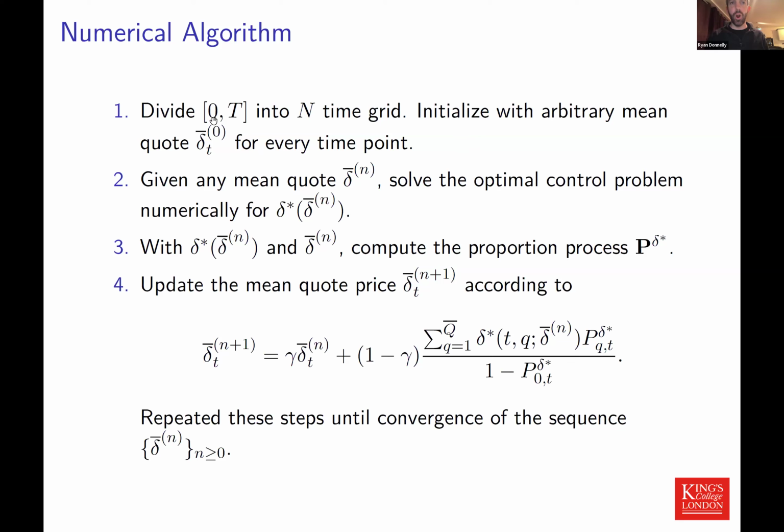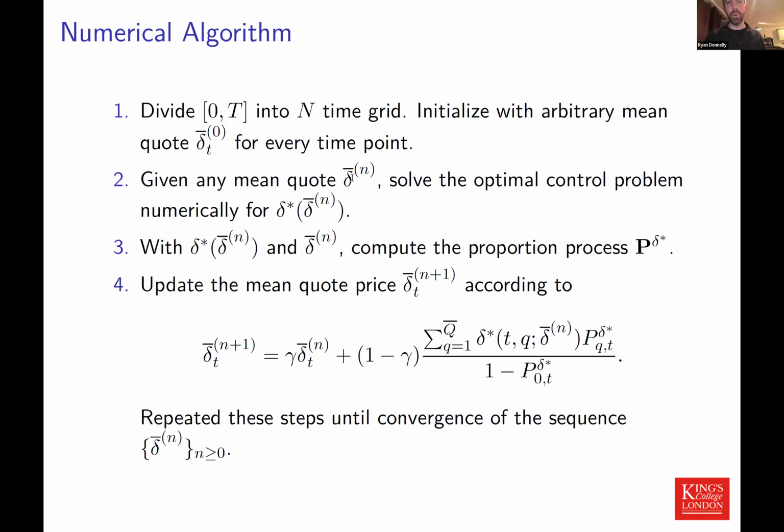We start with an arbitrary function of time, which represents an initial guess for this delta bar process. Now, given an arbitrary delta bar, we can use what's on the previous slide to compute delta star. Delta star is really nothing more than some function, which is the feedback representation of delta star.